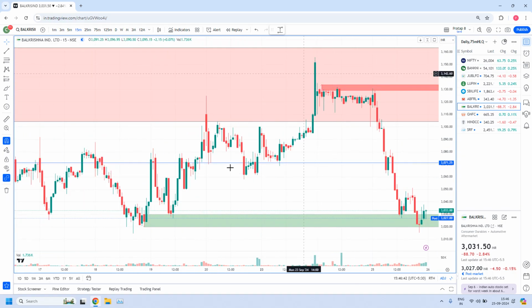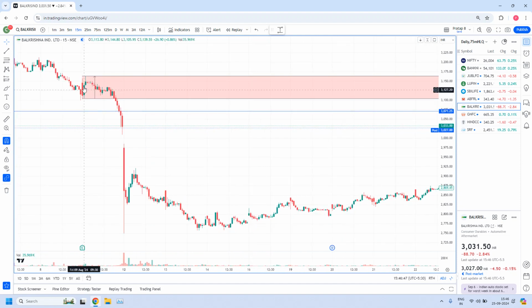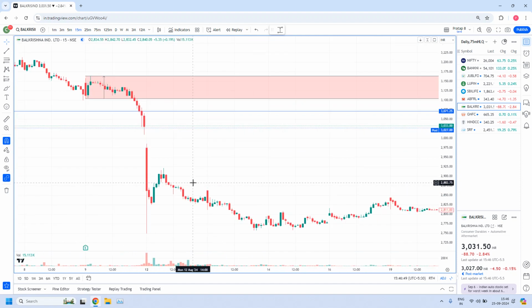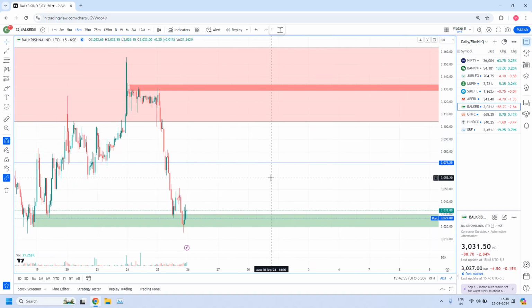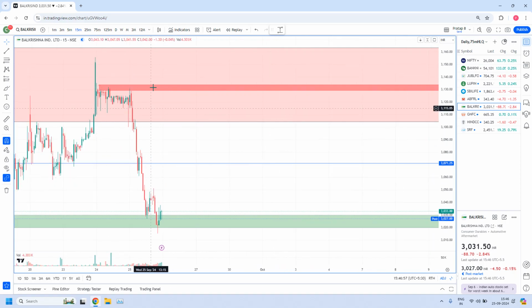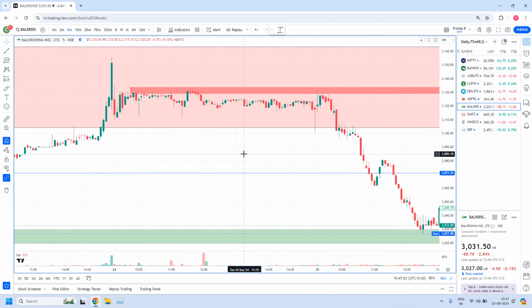Even earlier, and even in the recent price action, there is no proper price structure to create a zone. Even on 5 minutes, we don't have any 5 minute zone available.